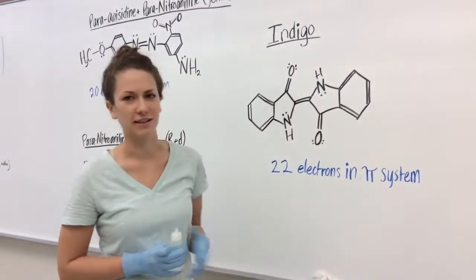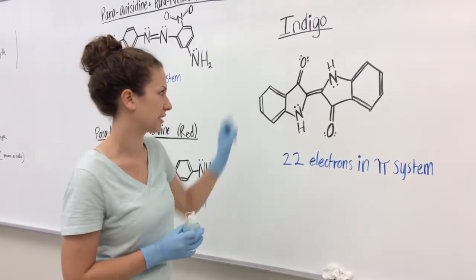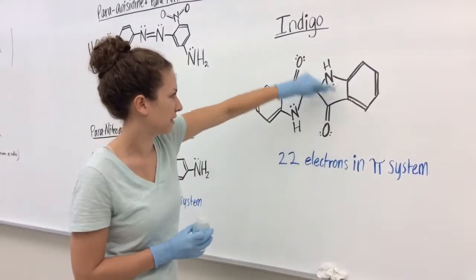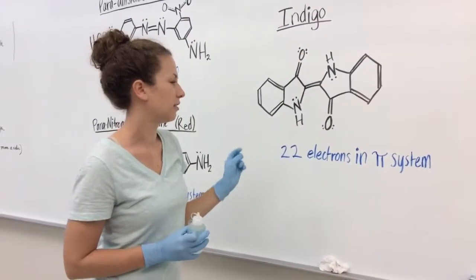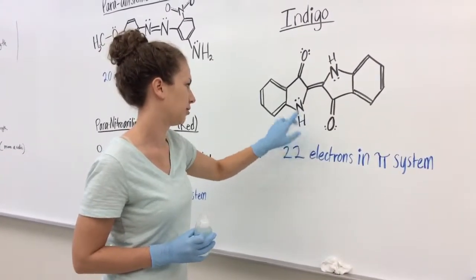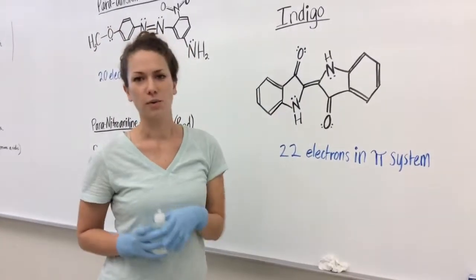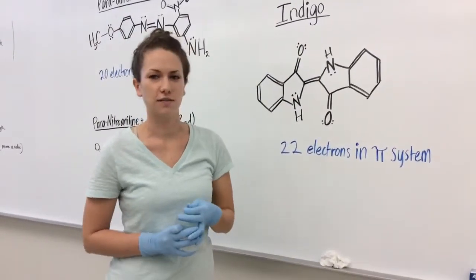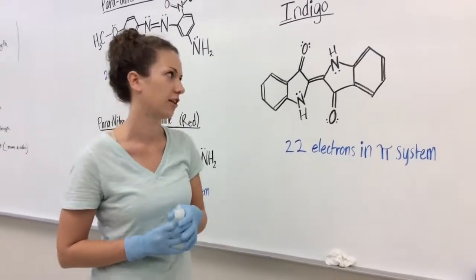It's not actually an azo dye, and the chromophore group for indigo is actually the central group here without the phenols. And there actually is some hydrogen bonding that occurs between the amino group and oxygens on both the top and the bottom, which actually increases the conjugation of the system, and that's actually one of the reasons why indigo has such a dark color.